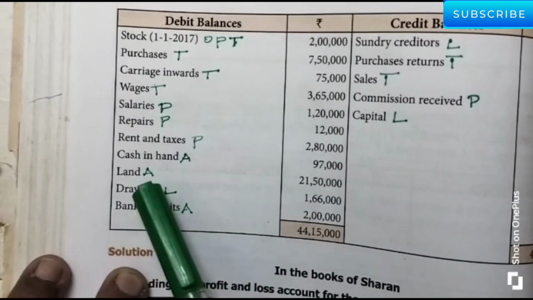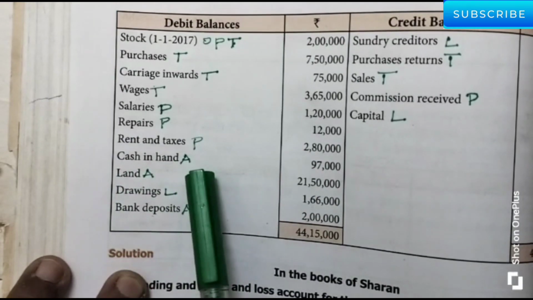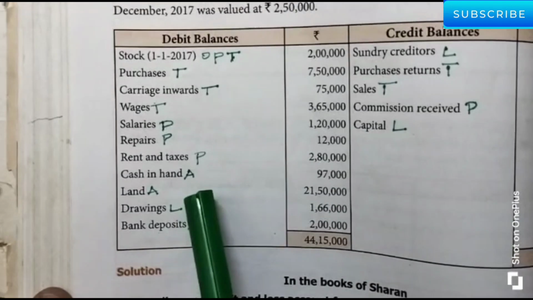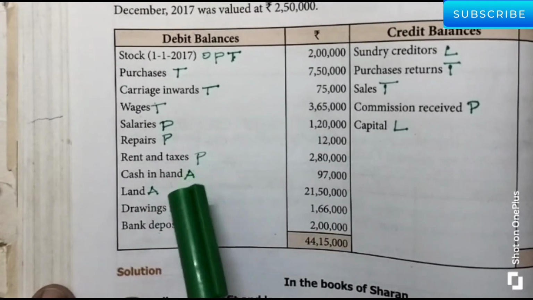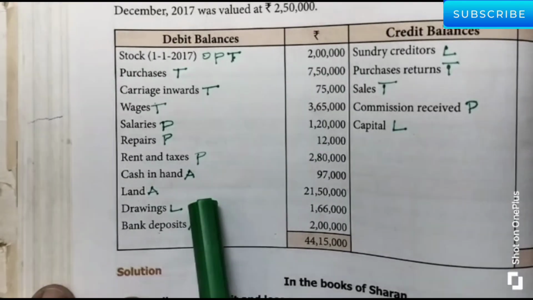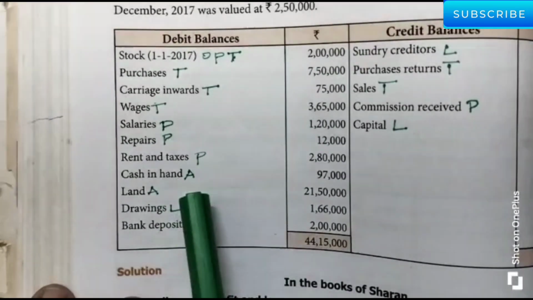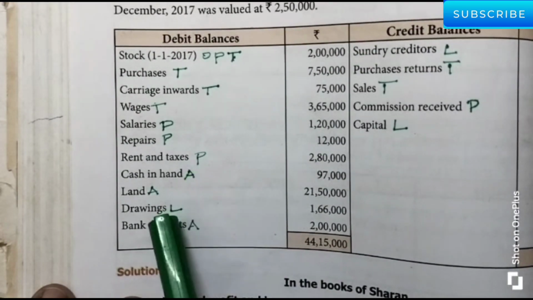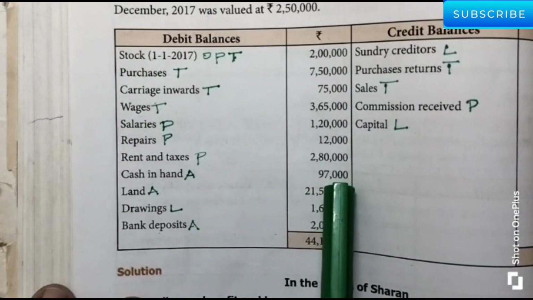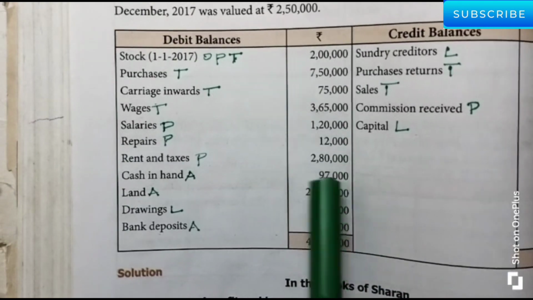Listen, I forgot, cash in hand. A means asset, L means liability. Only see about A and L. A means asset, L means liabilities. We are preparing the balance sheet, so you consider only A and L. So cash in hand, 97,000 rupees is entered on the asset side.